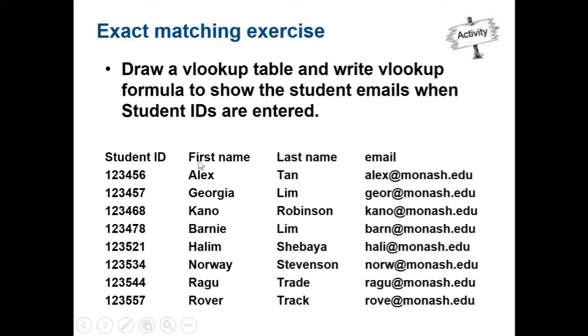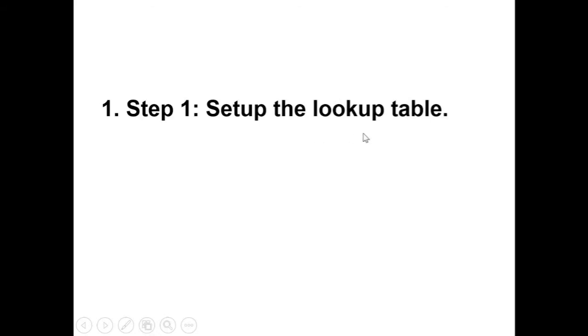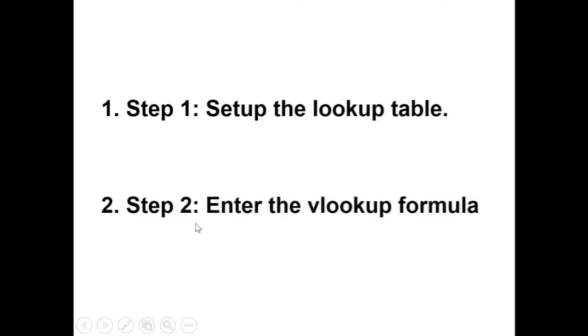The student IDs, first names, last names, and emails are given below here. First, we need to set up the lookup table, the database table. Next, we need to enter the Vlookup formula in our model.